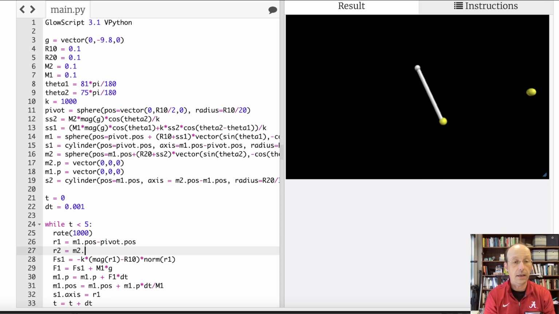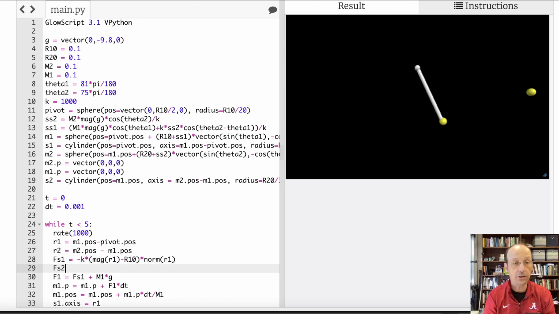R2 equals M2.pos minus M1.pos. FS1, that didn't change. FS2 is going to be equal to negative K times mag R2 minus R20 times norm R2.